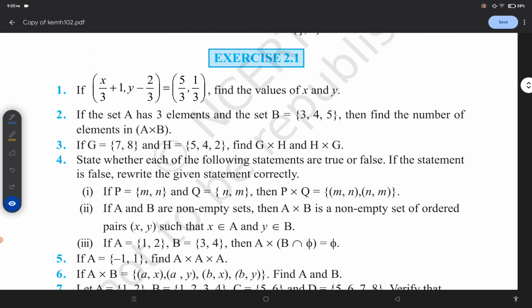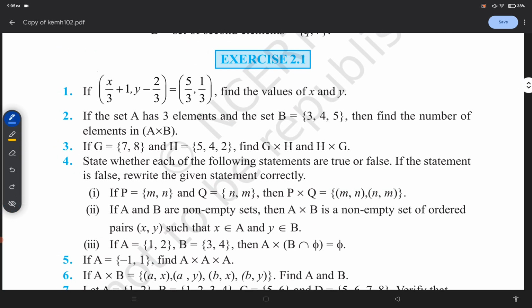Next, the exercise: x by 3 plus 1 equal to 5 by 3.